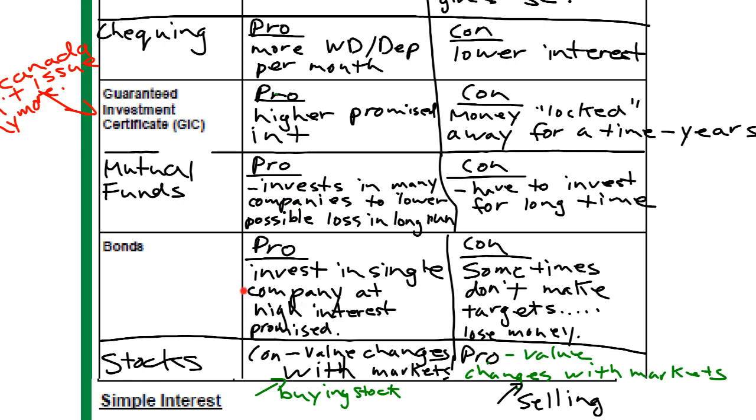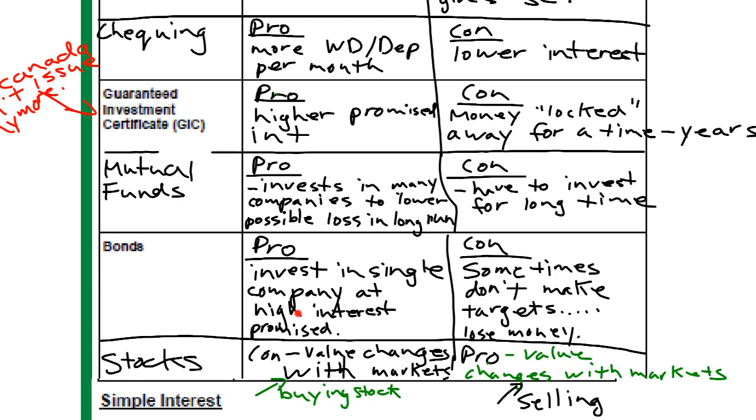Now, when you hear the concept of a bond, a bond is important in the sense that you invest in a single company or a municipality. Now, a company in Canada can also be a municipality. What they're looking for is a loan from you. Think of it as an IOU.